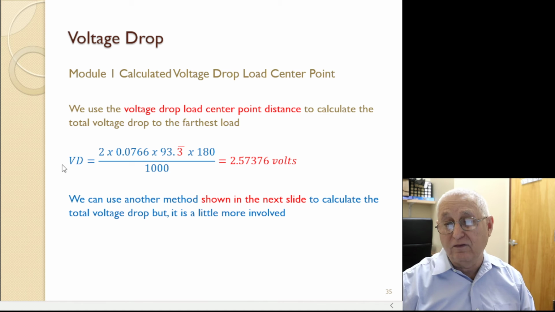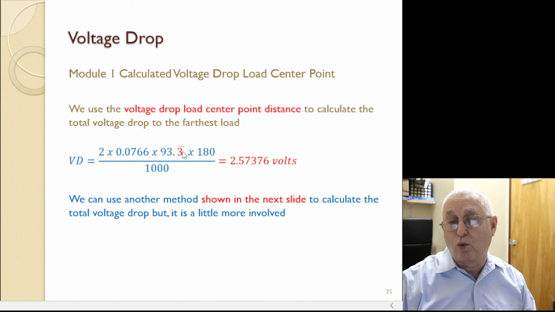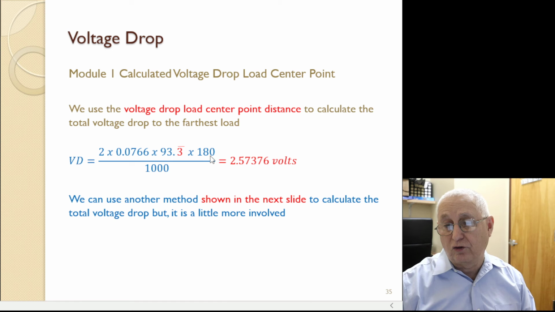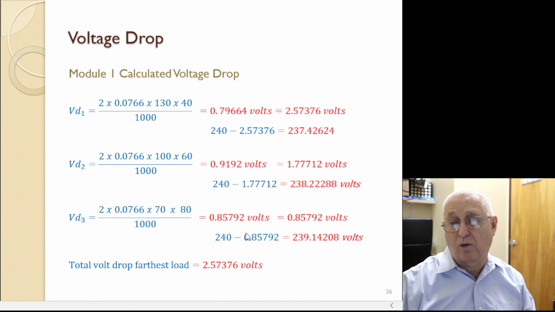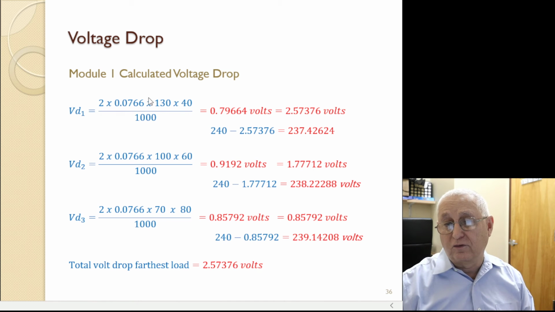For a 3/0 conductor, it's going to tell us that its resistance is 0.0766 ohms, times that center point distance, 93.3, times the total load of 180 amps divided by 1,000, gives us 2.57376 volts drop to the farthest load. We can use another method shown on the next slide to calculate the voltage drop, but it's a little more involved than using the center point one.